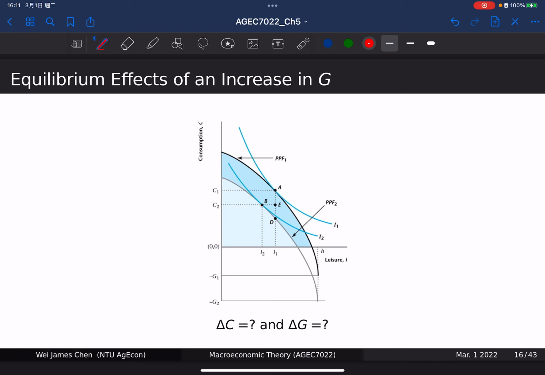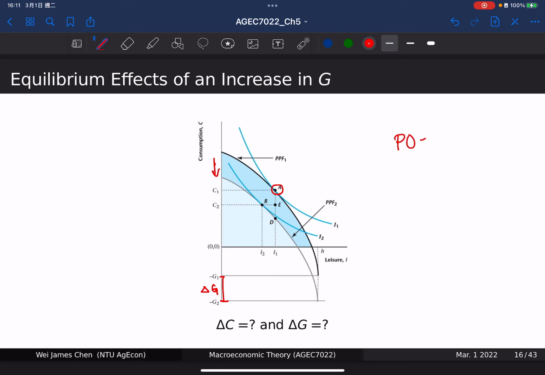Graphically, it looks like this. The PPF, the whole thing, will go down by the difference. This is delta G, the difference in G, or how much increase in G. Originally, my optimization, the PO point, is here.